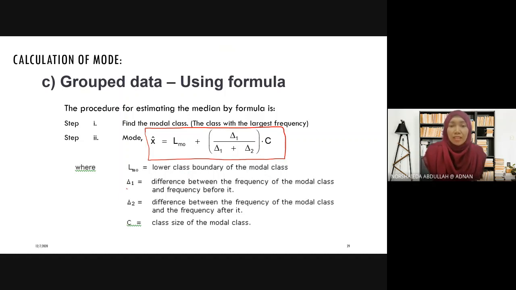Delta 1 is the difference between the frequency of the mode class and the frequency before. Delta 2, like delta 1, is the same as above. Delta 2 here is the difference between the frequency of the mode class and the class after. C is the size of the class, right?